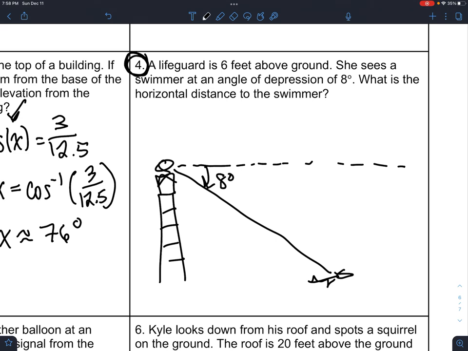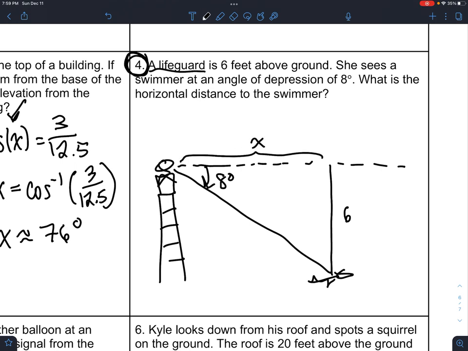What is the horizontal distance to the swimmer? How tall is that? It's 6 feet. We're assuming that's the lifeguard's eye level, because unless we're told otherwise, we have to assume that.